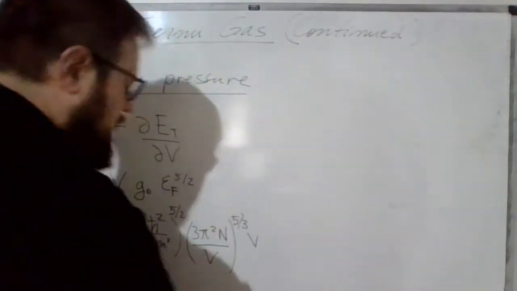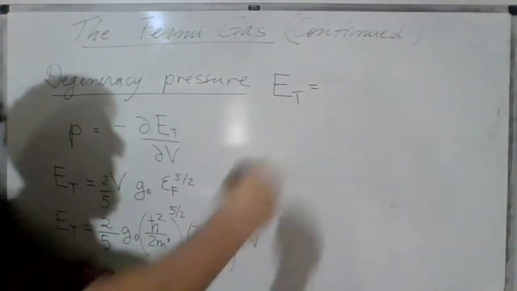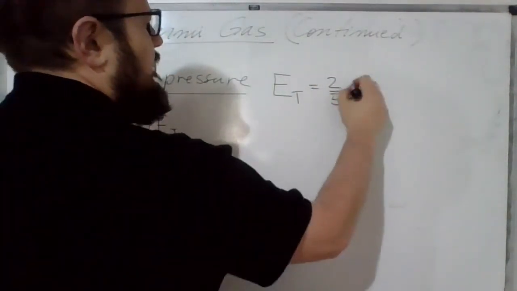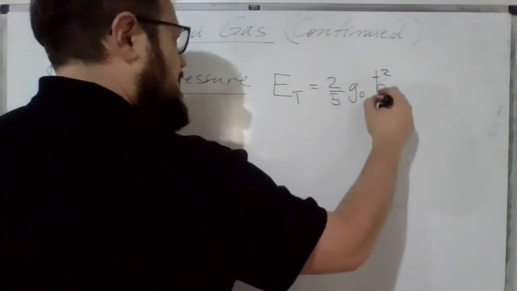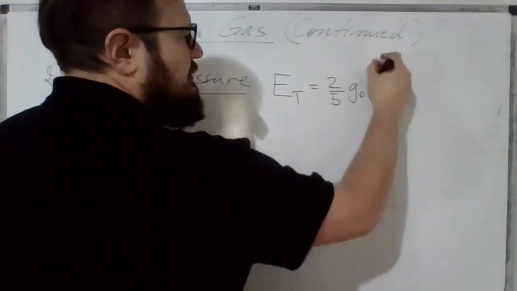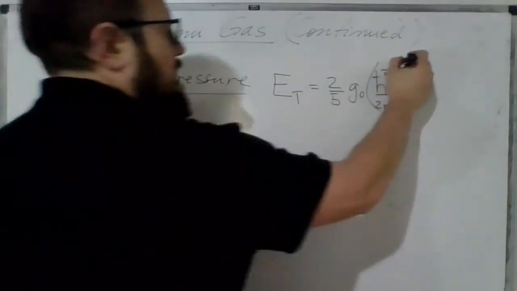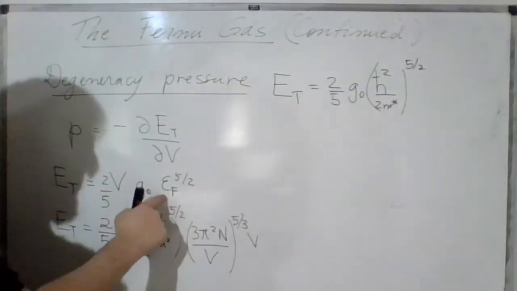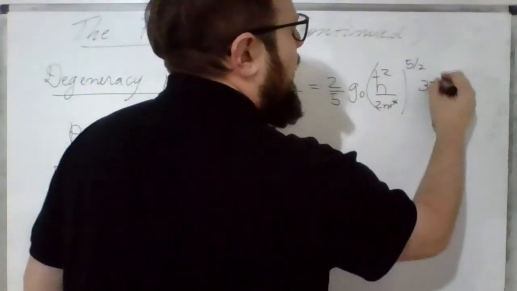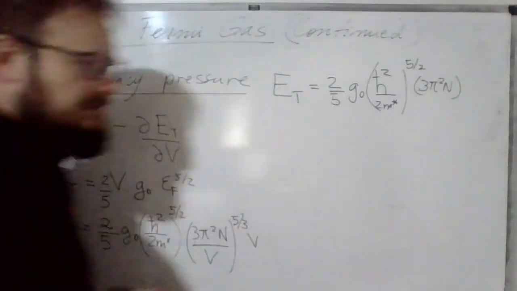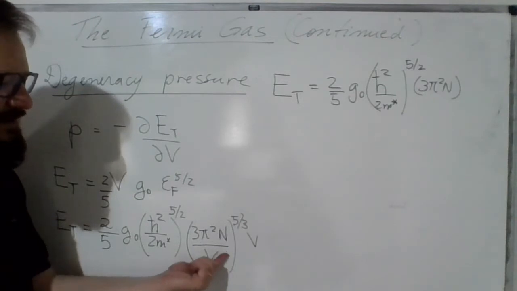So we can see that the total energy of the Fermi gas will be given by 2/5 of G0, which is a constant, times h bar over 2 times the effective mass to the 5/2, because it comes from the Fermi energy here, and 3 pi squared times N, the total number of particles, and a volume to the 5/3.